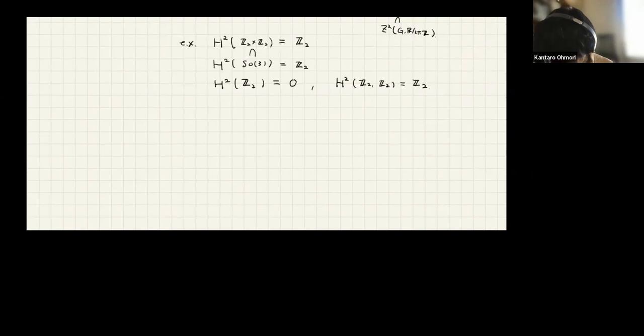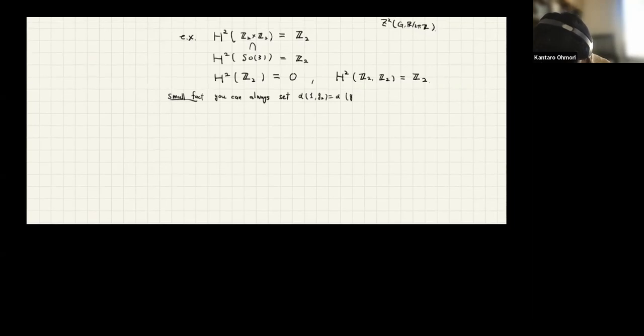The small fact is that you can always set alpha of G1, 1 equals alpha of 1, G2 equals 0, by choosing an appropriate beta.